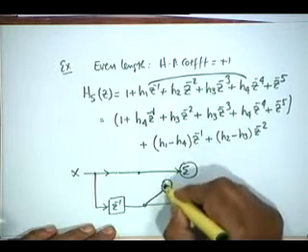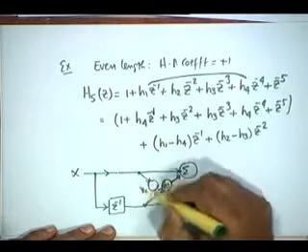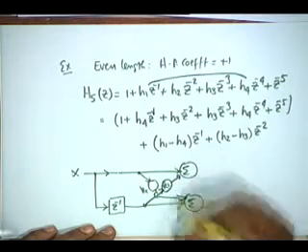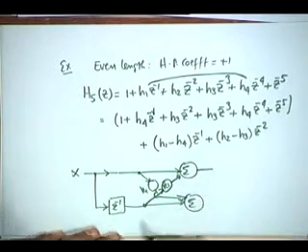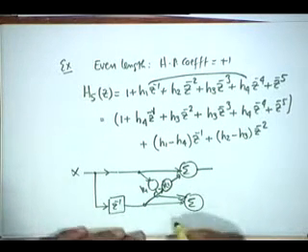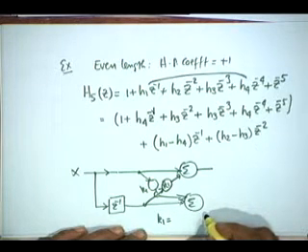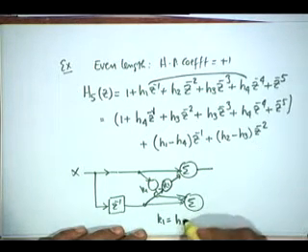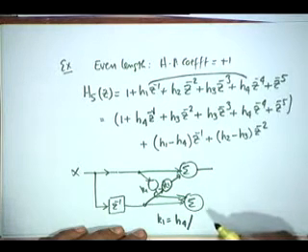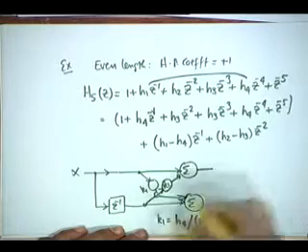I would have been very happy if it was so. K1, K1, and since you are a little more experienced than you were earlier, you should now be able to tell me what is K1. K1, H4 divided by 1 plus H3, that is correct.